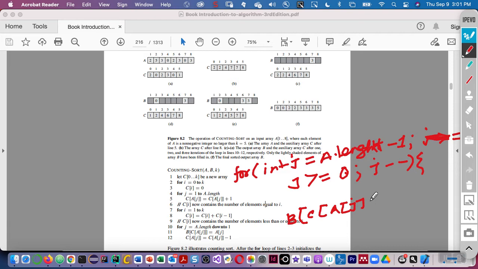Okay, C of A, there is a mistake. We need to reduce the index by 1, this a of j, and then this minus 1, this one will go a j.